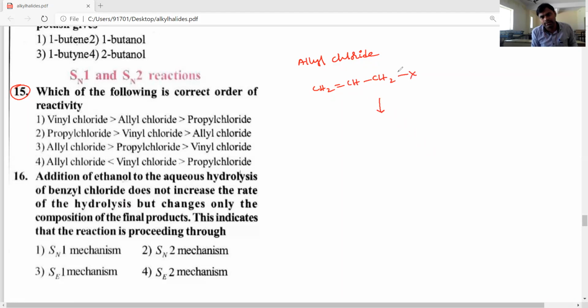On breaking, the carbocation produced is the allyl carbocation, CH2=CH-CH2+. This allyl carbocation is stabilized by resonance.